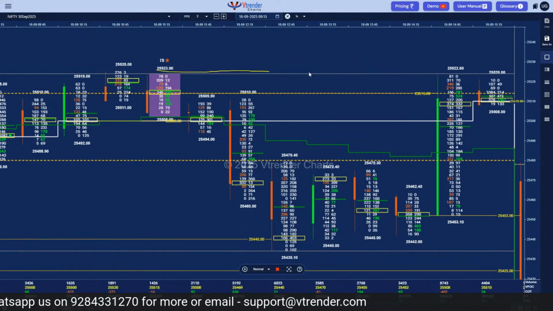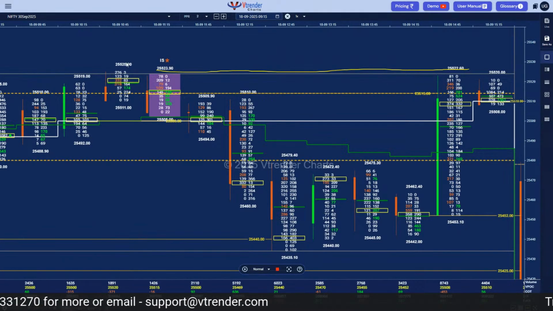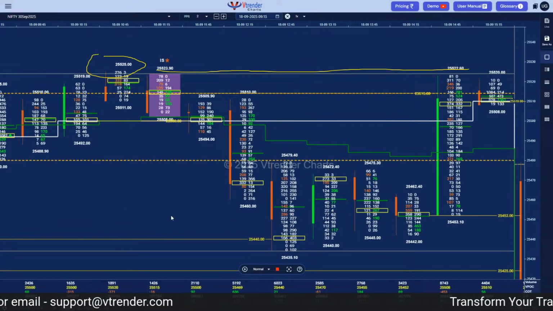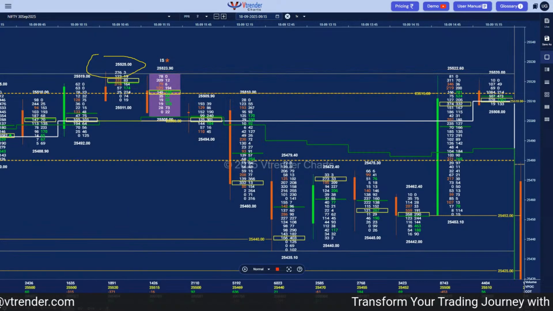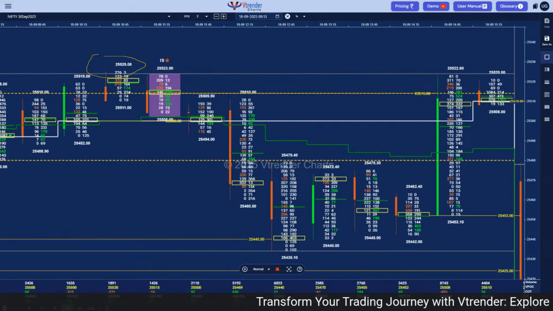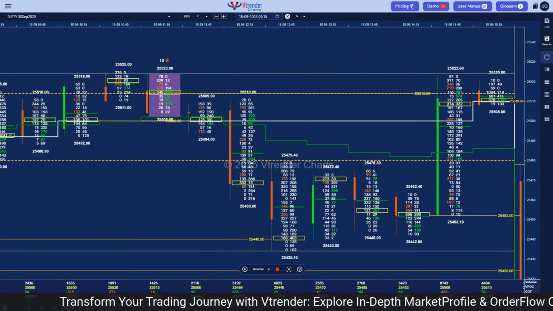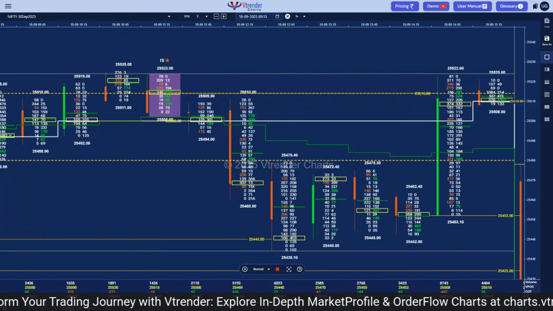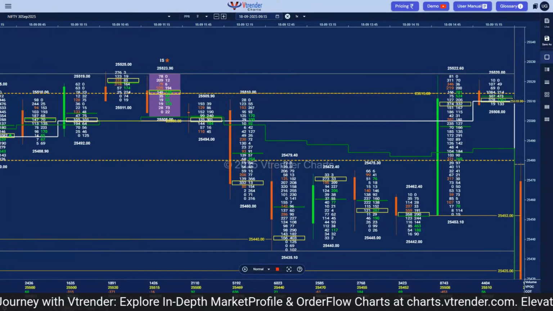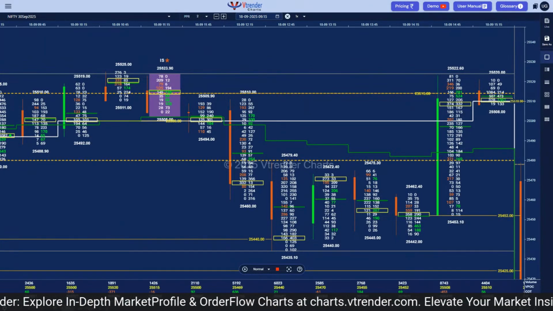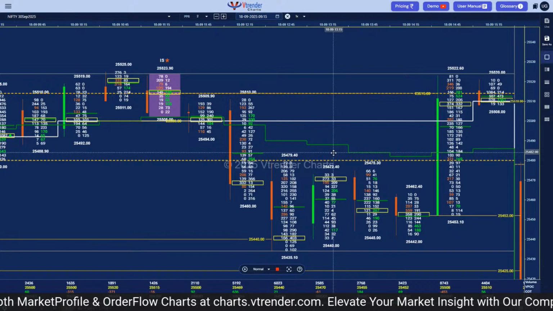This is again holding. So this again tells you that as long as this 25525 is held, you can be biased toward the downside. So even if you're not getting IS 30 signals, you can look for IS 3 signals on the 3-minute order flows, and go short and keep booking profits.